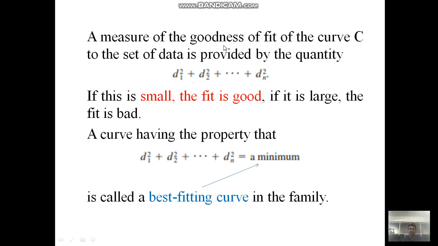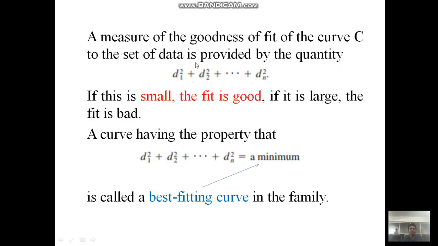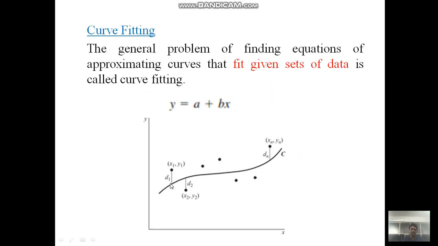A measure of the goodness of fit of the curve C, where C stands for curve, to the set of data is provided by the quantity d1 square plus d2 square and so on up to dn square. Now d1 is just the deviation of this point from the curve. In simple terms, these are the errors.